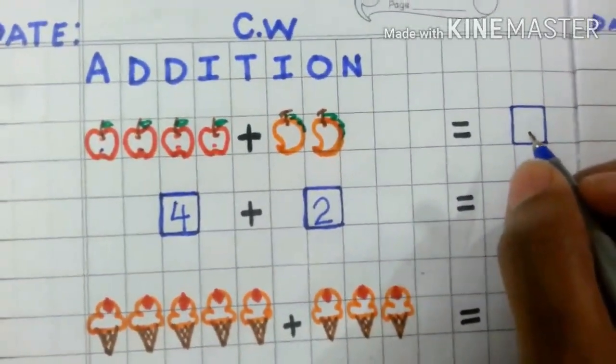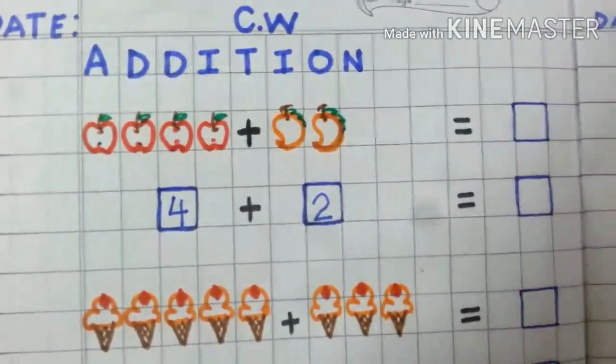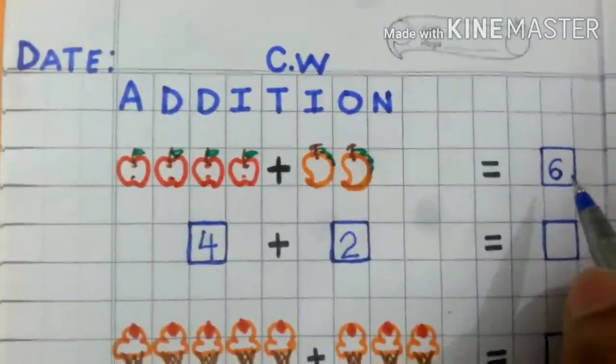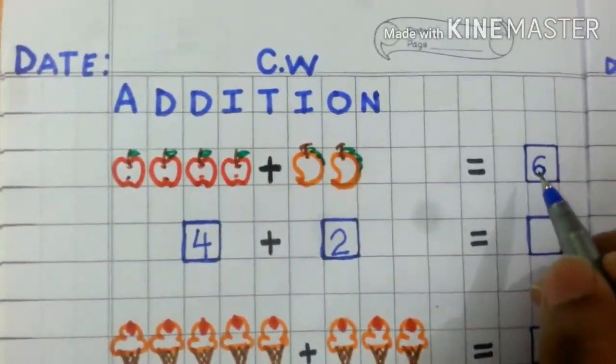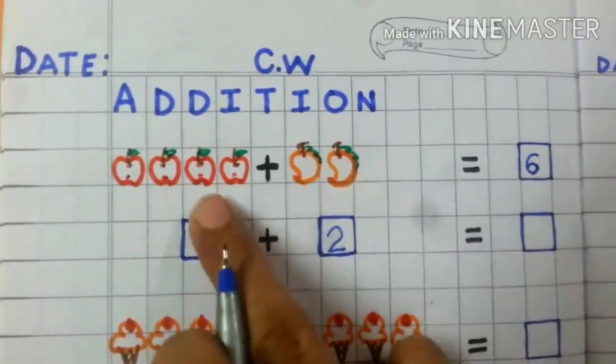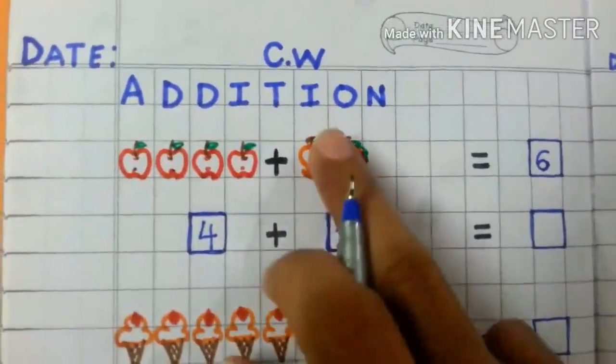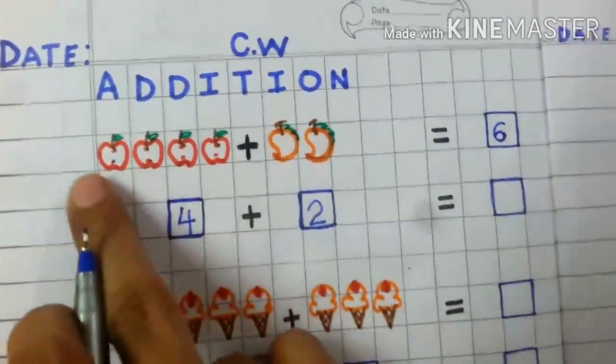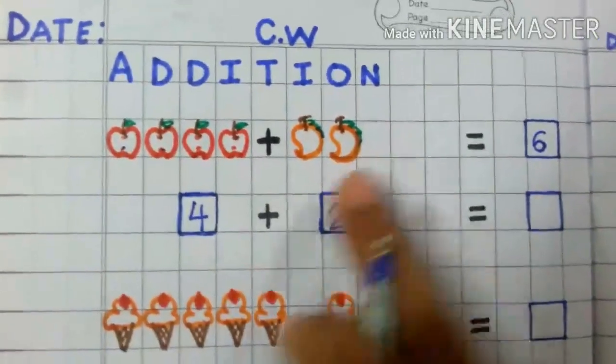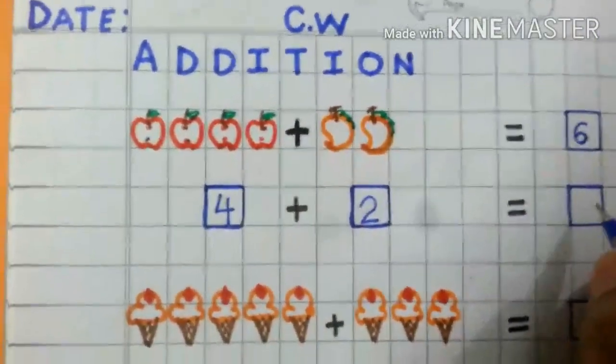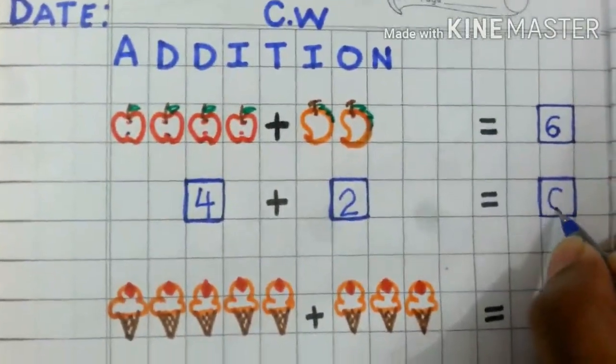So write 6. 4 apples, 2 mangoes. We have 6 fruits all together. Write 6.